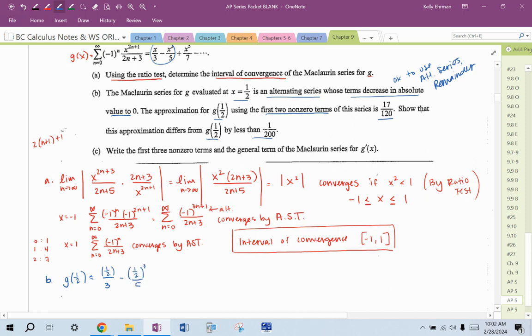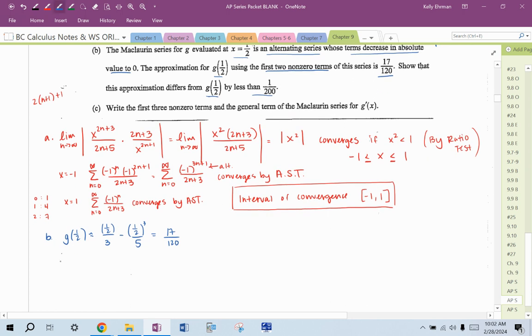I'm using the first two terms shown at the top of the page. And apparently that's equal to 17 over 120. I'm not going to waste time checking it. I believe them. I want to show that the difference between the actual g of 1/2 and this 17 over 120 approximation is less than 1 over 200.